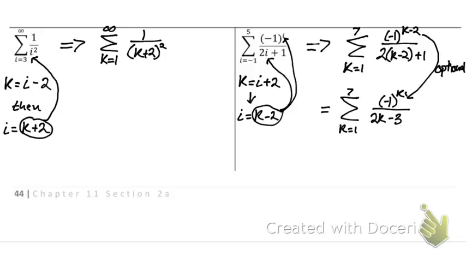The reason why you can do this is because if I put a 1 in for this k value on the top, I have 1 minus 2, which gives me negative 1, which is odd. Negative 1 times an odd number is going to be negative. If I come down here and plug a 1 in for this k, 1 is odd, so I also get a negative out. So in fact, negative 1 to the k is the exact same thing as negative 1 to the k minus 2.